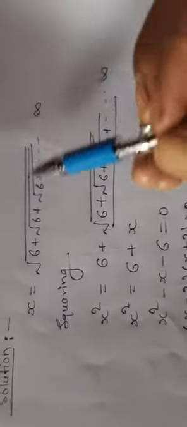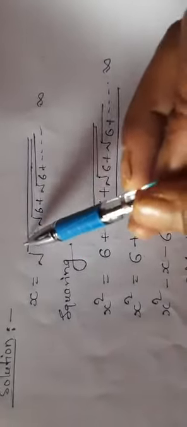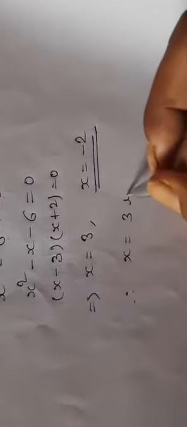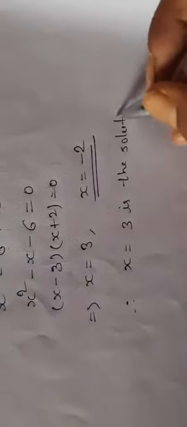But x equals minus 2 cannot be the solution because the value of a square root is always positive. Therefore x equals 3 is the solution.